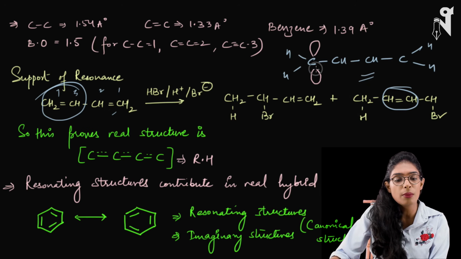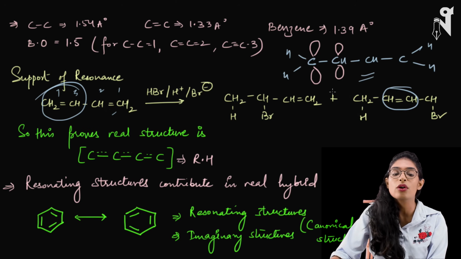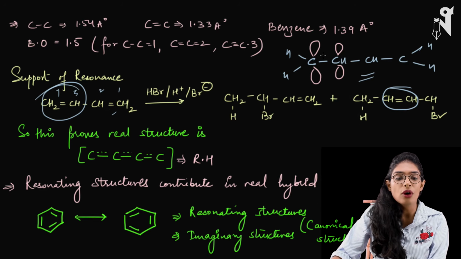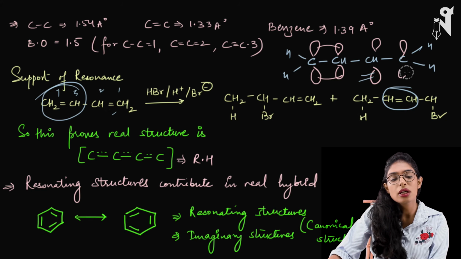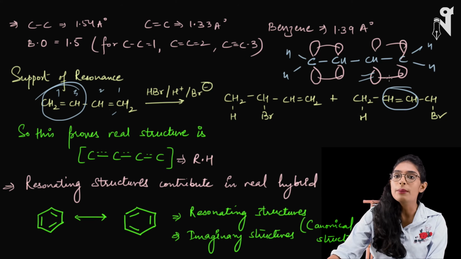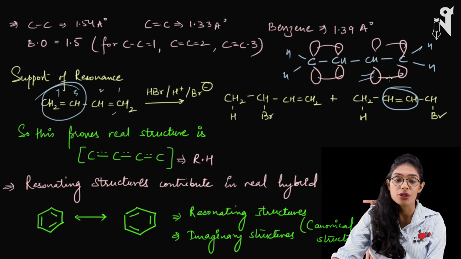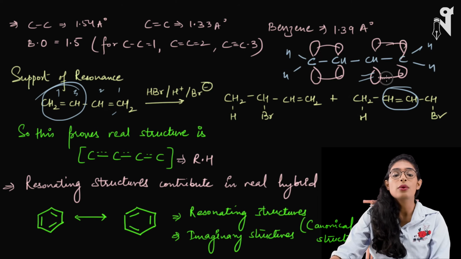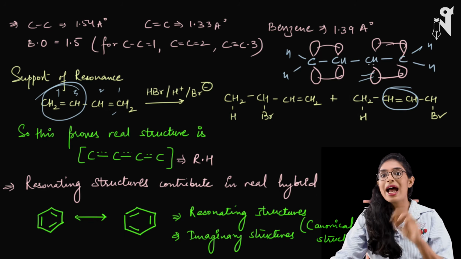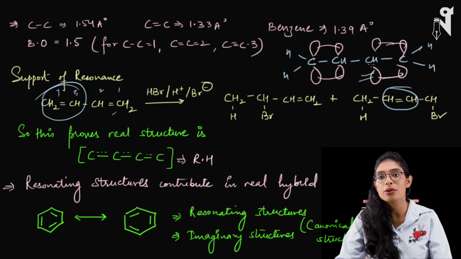This p orbital, which is perpendicular to the plane of the sigma bonds, will form a pi bond between carbon and carbon, and another p orbital will make a pi bond between carbon and carbon. So these are two pi bonds on alternate positions, and the p orbitals are parallel to each other.